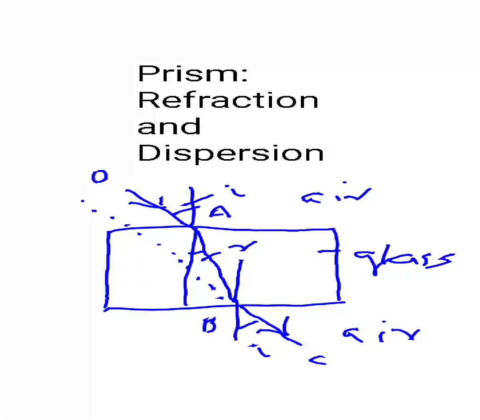This process we have covered. Now we will see the glass prism. This is a triangle.